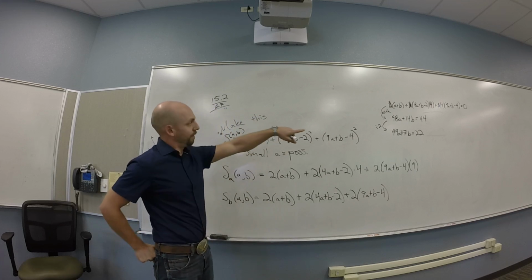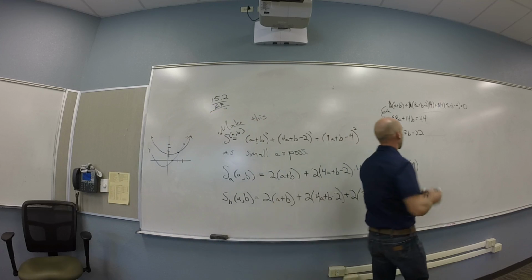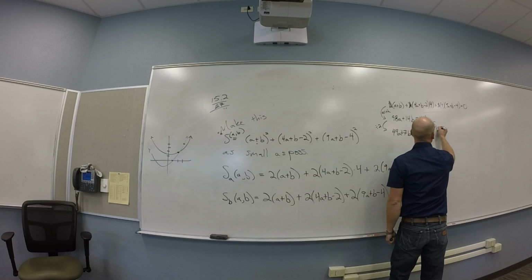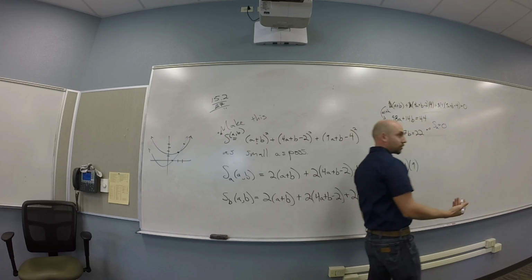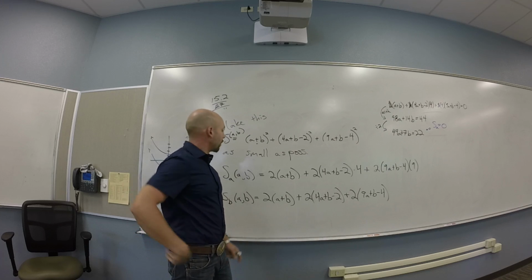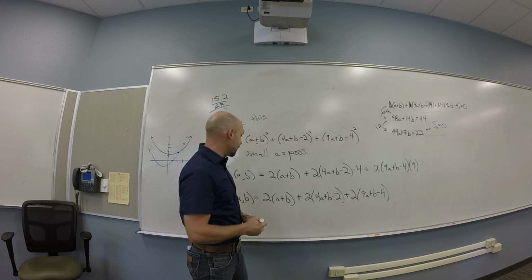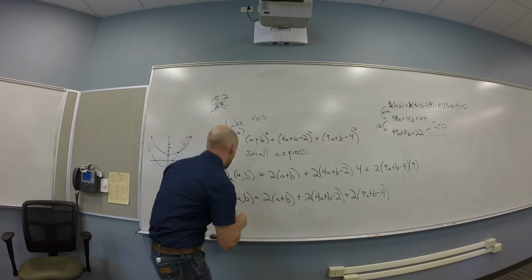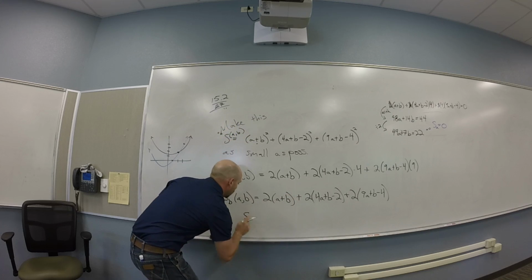So this is really what setting S_A equal to 0 gets us. We get some line in A and B, right? And then out of S_B equals 0, take 0 and set it equal to this stuff.